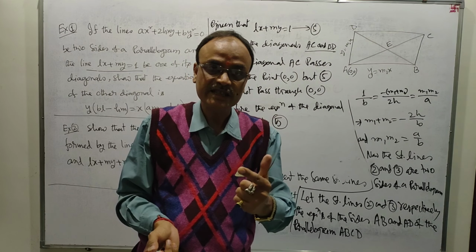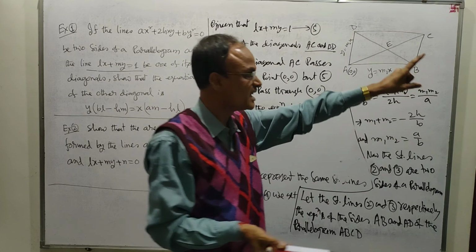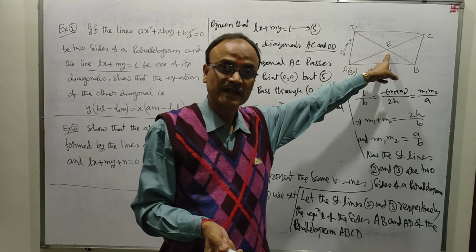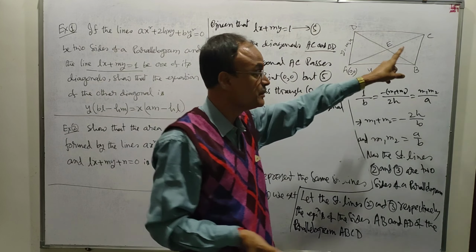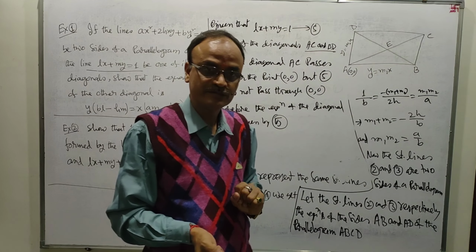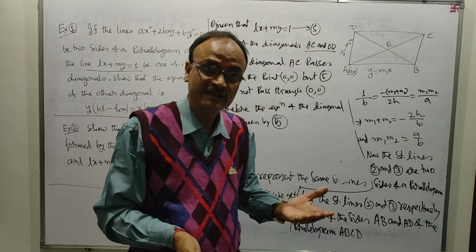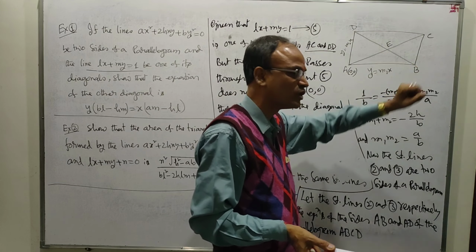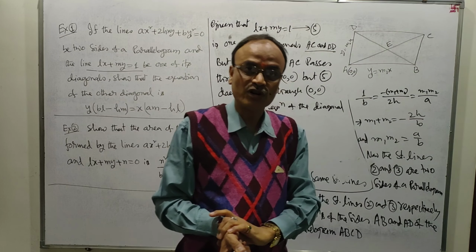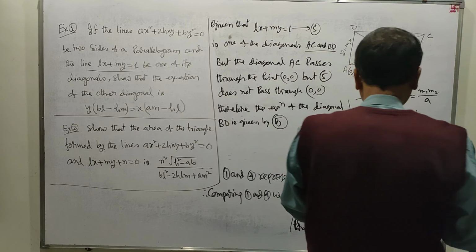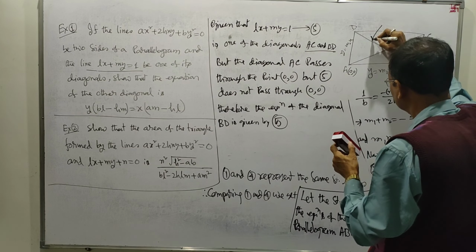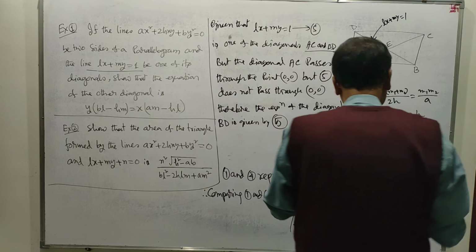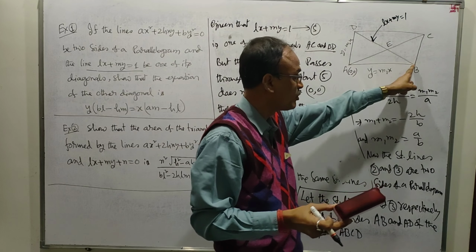We can easily find the coordinates of the point E, which is the middle point of BD. How can we find this? We can easily find the coordinates of B, because the equation of the diagonal BD is Lx plus My equal to 1, and y is equal to m1x.